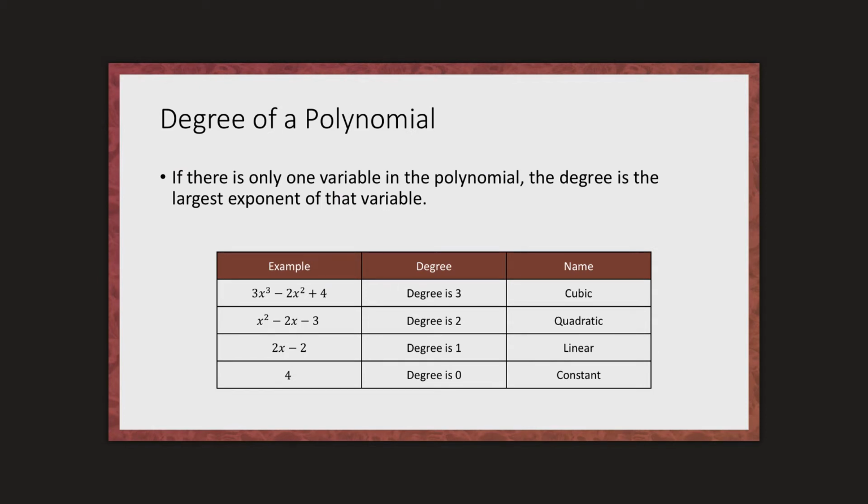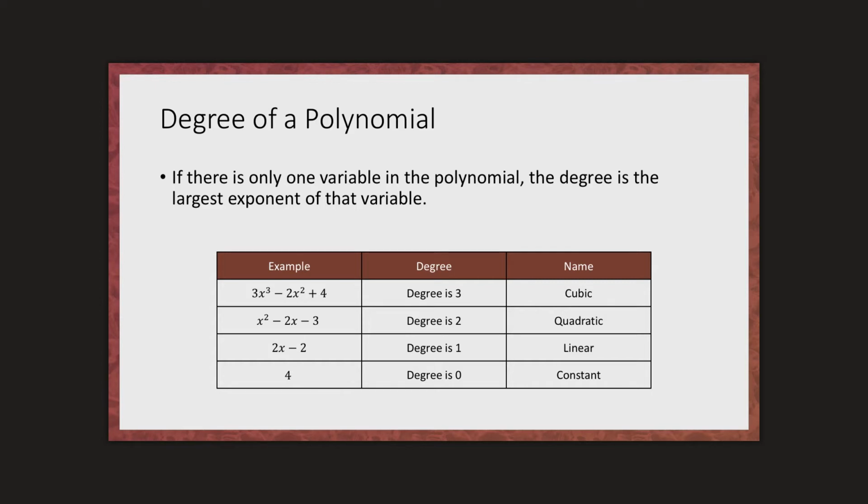Now, the degree of a polynomial can be a tricky topic, but for the purpose of this course, we're only going to consider degrees of polynomials that only have one variable in the polynomial. If a polynomial expression has one variable, in all of my examples that variable is x or nothing, the degree is the largest exponent of that variable.